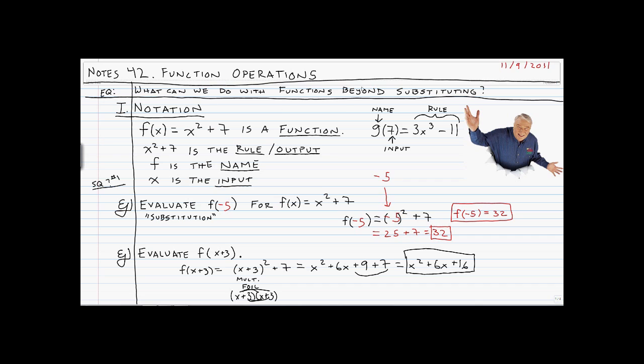So we already had an essential question here: What can we do with functions beyond just substituting? And the first thing we talked about was notation and evaluating. So coming up with a higher level question for this is kind of hard, but I guess we can throw one in here. What are the parts of a function?